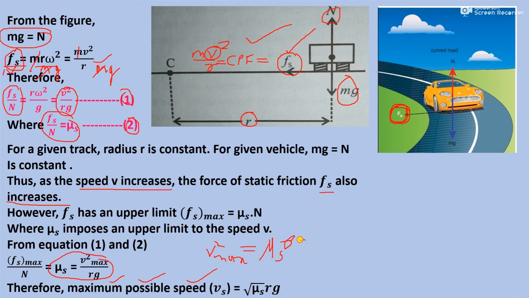You have to just cross multiply, so this rg is multiplied with this mu s. So it becomes v square equals mu s rg. If you remove this square, then my RHS should have a square root. So this is the final expression for the maximum possible speed of this vehicle with which it can take a turn, that is nothing but the square root of mu s rg. That's it.